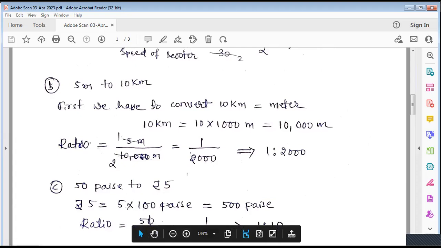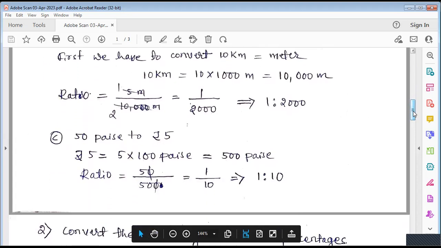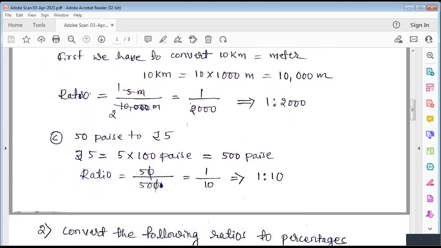That is why here you have to multiply 5 into 100 paisa, so it gives 500 paisa. So this 5 rupee is now converted into paisa. It becomes 500 paisa just by multiplying by 100.